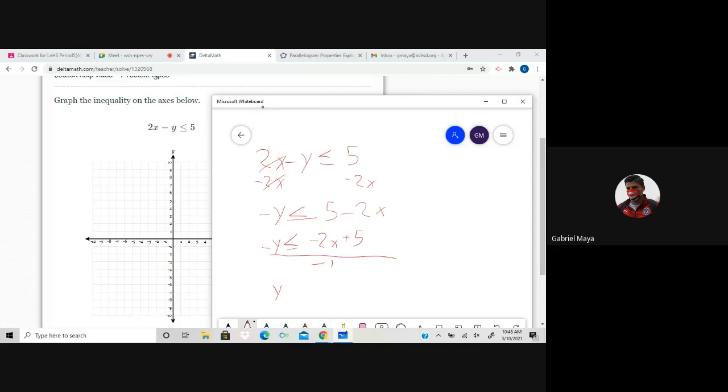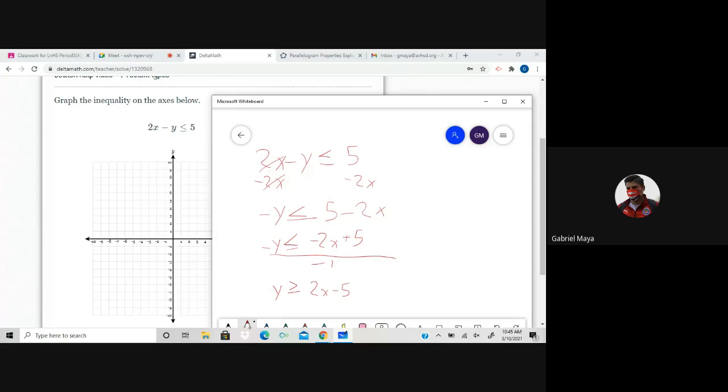And over here, we're going to have 2x, oh, excuse me, not plus. Where's my eraser? 2x minus 5. And remember, we're going to swap this because we divided by a negative. We're going to make it go the other way. So y is greater than or equal to 2x minus 5.